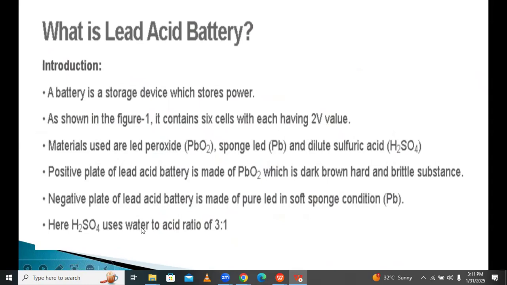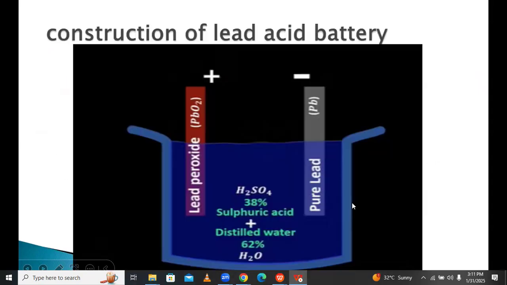The ratio of H2SO4 and water is 3:1. The positive plate is lead peroxide and the negative plate is sponge lead. So this is the construction of a lead acid battery: anode lead peroxide, cathode pure lead, and the electrolyte of sulfuric acid and distilled water. This is one of the high efficiency batteries.